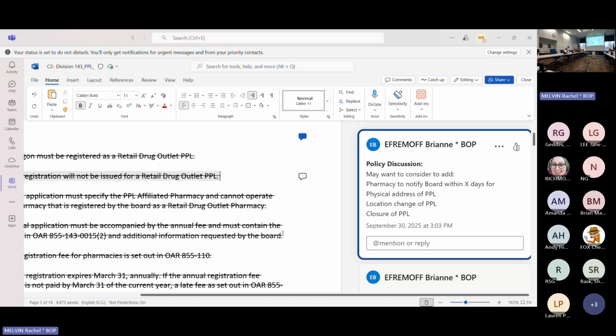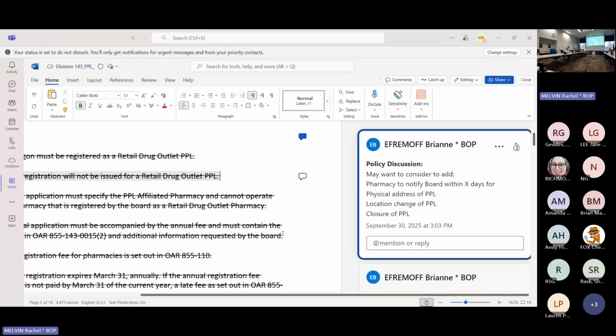Yeah, my comment was, I have the exact same comment and argument. It is an extension of the pharmacy. We would never license a pharmacy and say, we don't want to know what your address is. That would never happen. So the fact that we are storing drugs there, we want to know the location, as board members, as the board, as the agency.